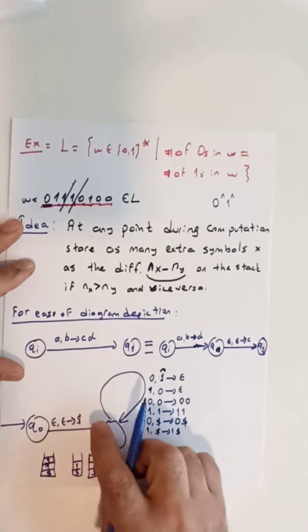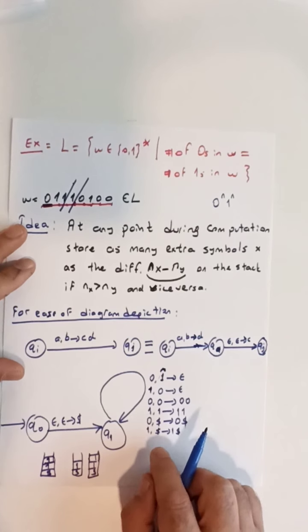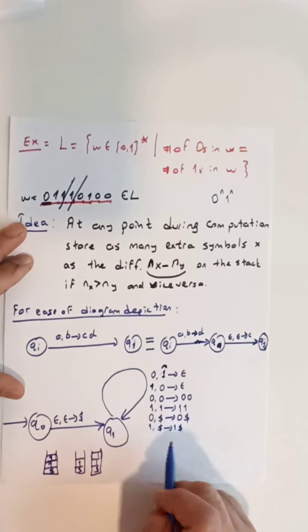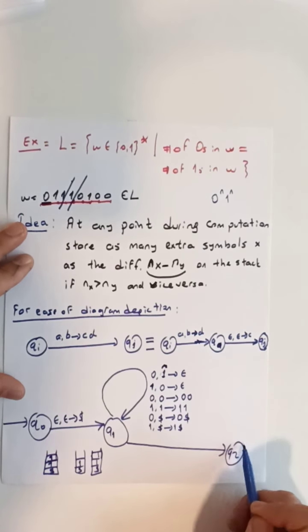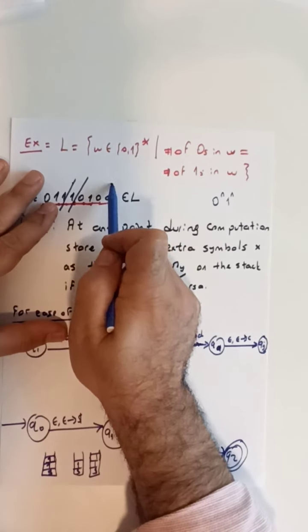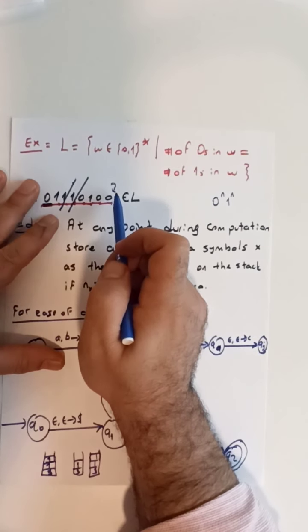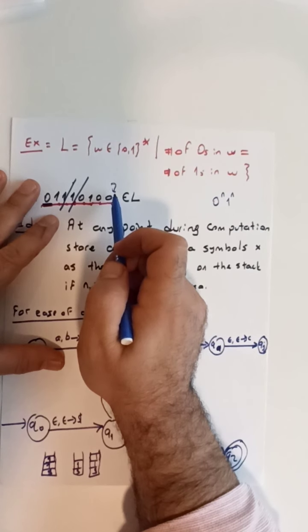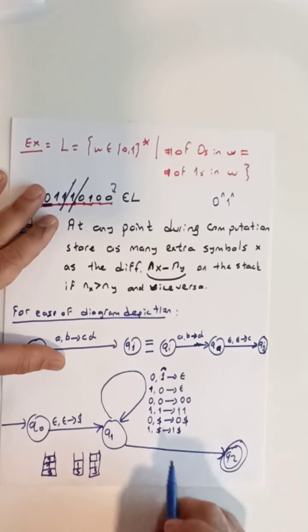So we keep on repeating consuming symbols from the input and popping symbols from the stack. And when is it that we should go to an accepting state? We would go to an accepting state Q2 if, at the end, upon finishing the whole string, our stack is empty, which means that the difference between the number of zeros and the number of ones that have been processed so far is simply 0, which implies that their counts are equal.